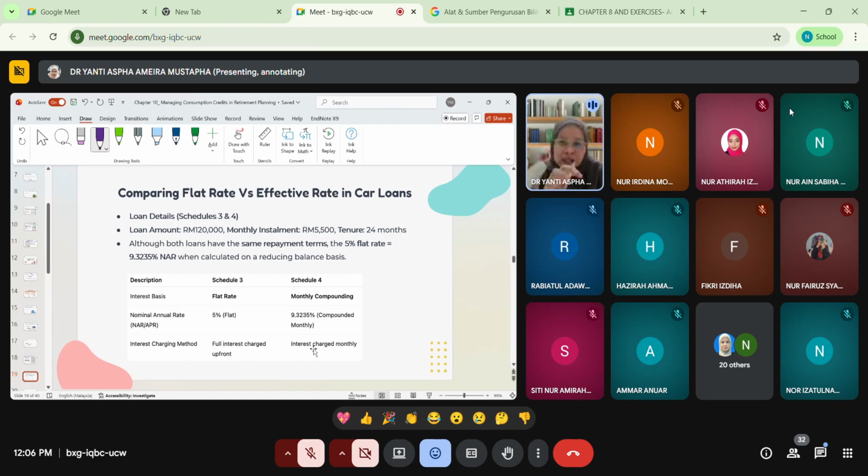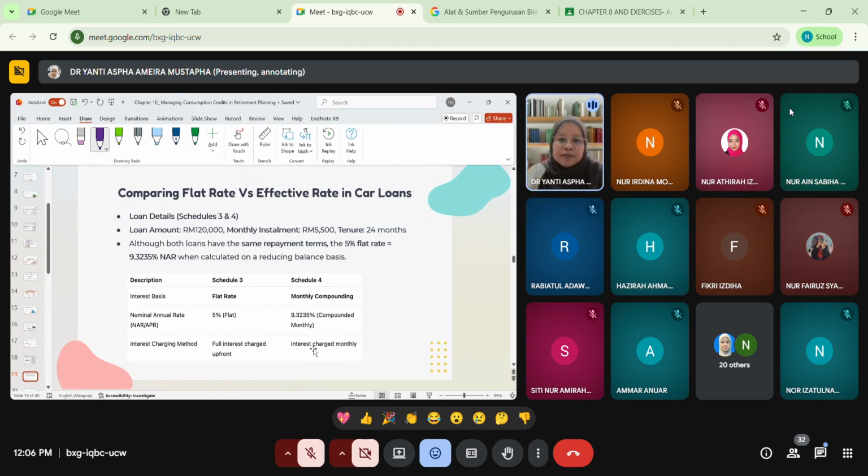For the effective rate, the 9.3% is charged on whatever the beginning balance is. In schedule 3, the flat rate, the interest is added straight to the principal and paid throughout the tenure, spread out during the tenure. Although more interest is paid at the beginning, in schedule 4 the interest is paid every month.